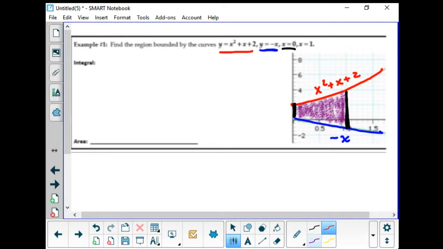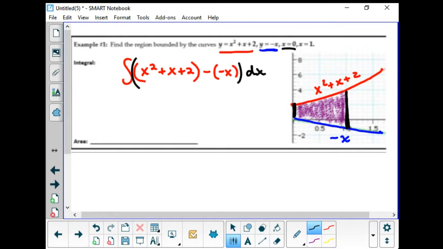Okay, so that shape, kind of trapezoid-ish but with a curved side, is the area we're going to calculate. All right, so integral: top function, x squared plus x plus 2, minus bottom function, negative x. I'm going to throw a dx on there because part of the way you write an integral is you indicate the variable of integration.